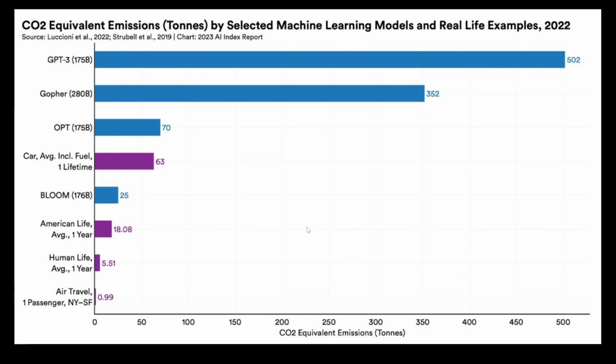And we know that it's not just trained once. It's trained many times over and over again to get the best performance. So GPT-4 and its successors, I'm sure, cost even more energy to train, and companies are not necessarily very forthcoming about how it was trained or how long it took or what they used.